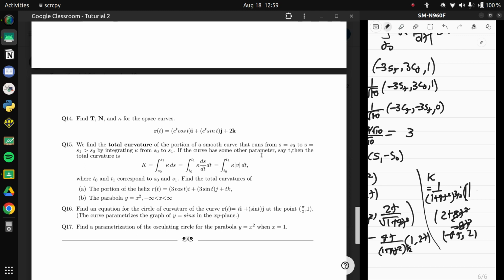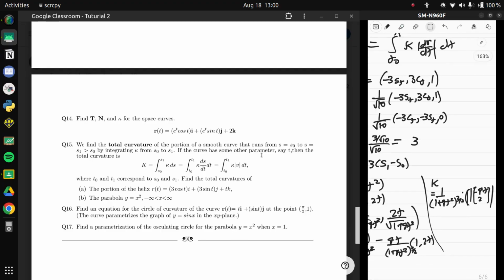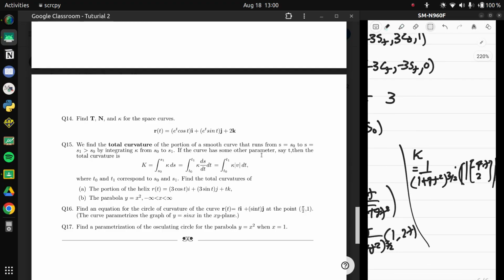So just the norm of the vector minus 4t, 2, right? So you can take that 2 outside, 2 upon 1 plus 4t square to the power of 3 by 2, and then you've got 2t and 1. So that's once again 4t square plus 1 to the power of 1 by 2.